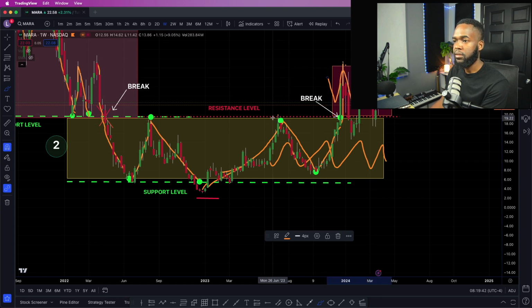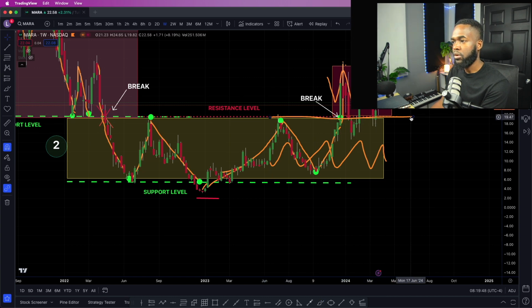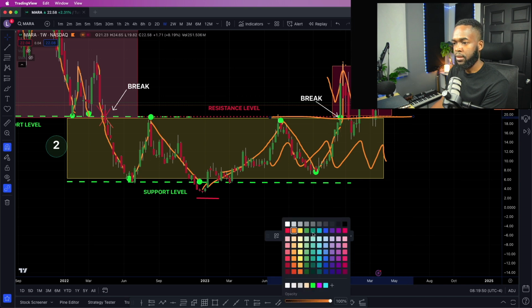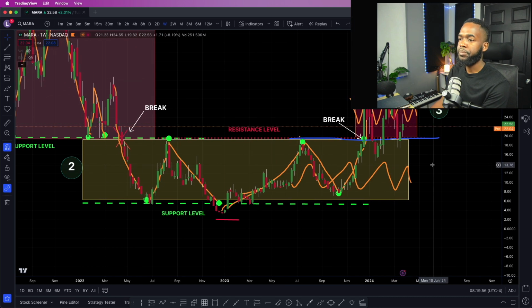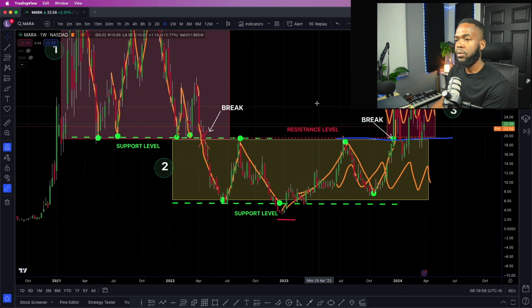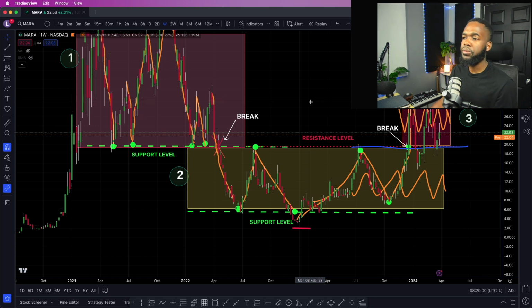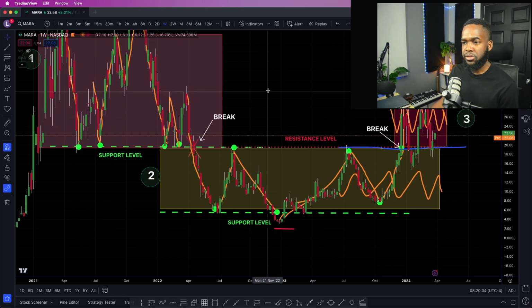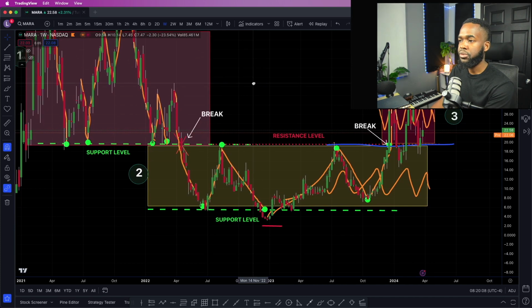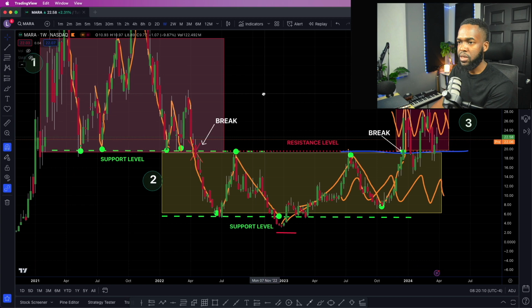That means this level now becomes support. So now let's talk about how we can use support and resistance levels to enter and to exit our trade.